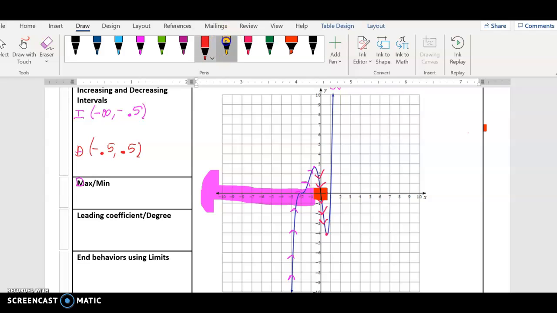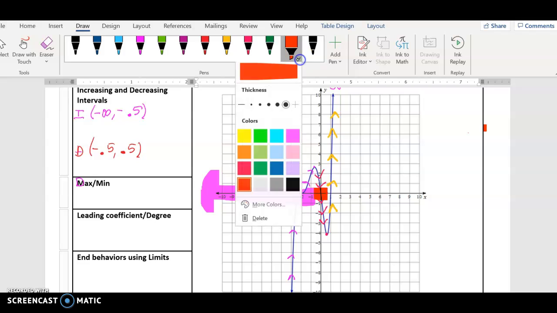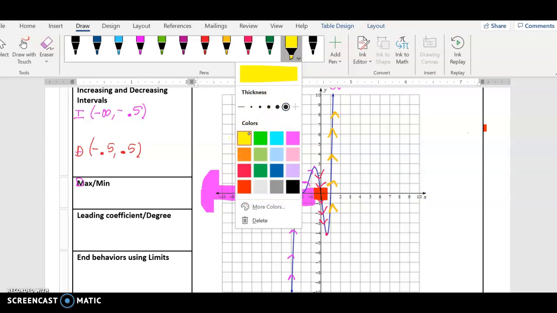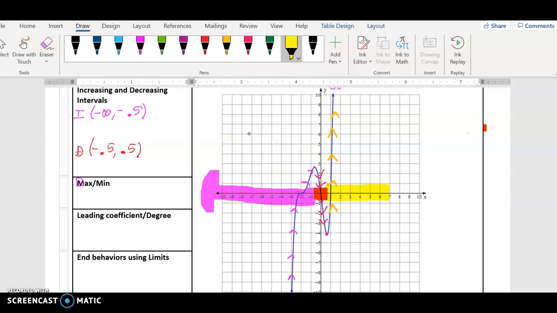And then after that, it looks like the graph is increasing again. It's going up. So increasing on the interval +0.5 to +infinity.